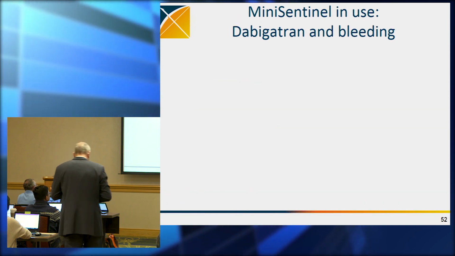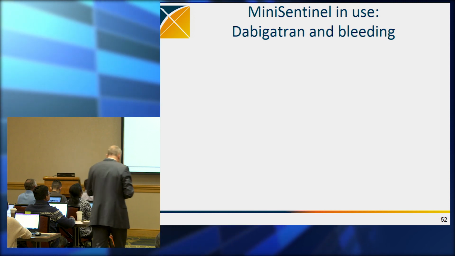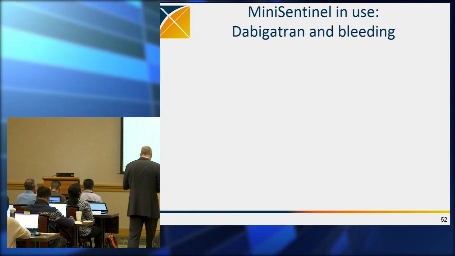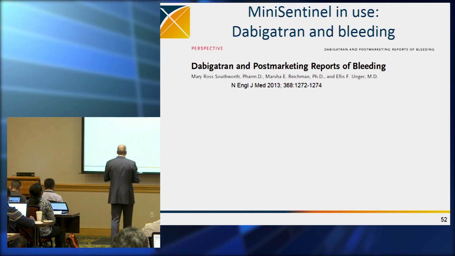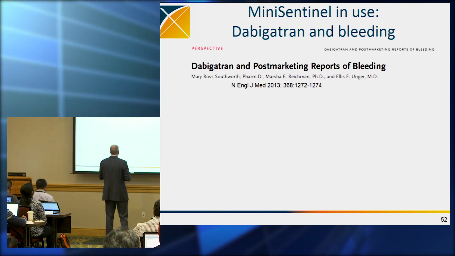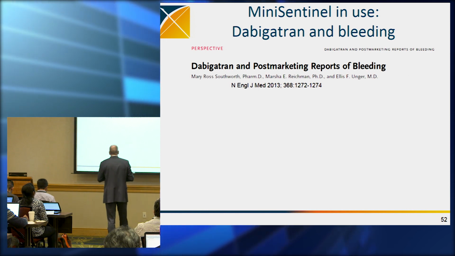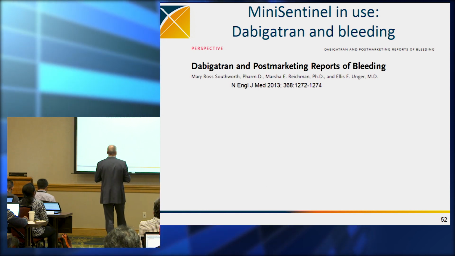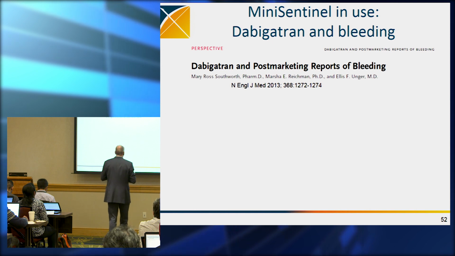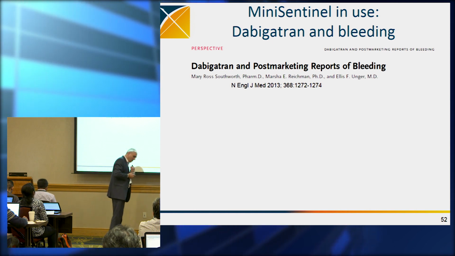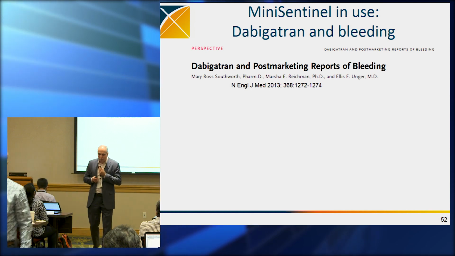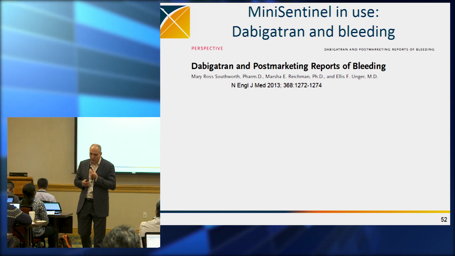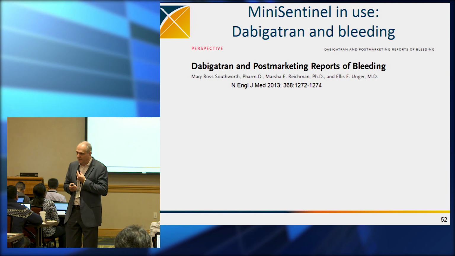We're going to use a study that the FDA did in the Mini-Sentinel program a couple of days ago. This is the paper that they wrote in the New England Journal of Medicine. What they did is they compared a new drug called dabigatran to an old drug, warfarin, to see whether or not one has more of a side effect than the other.